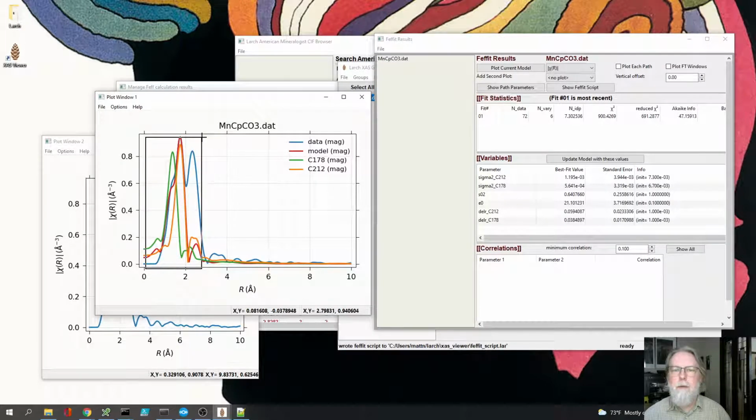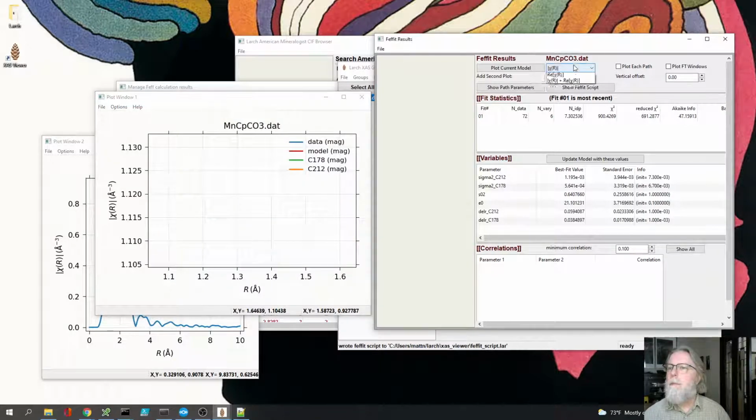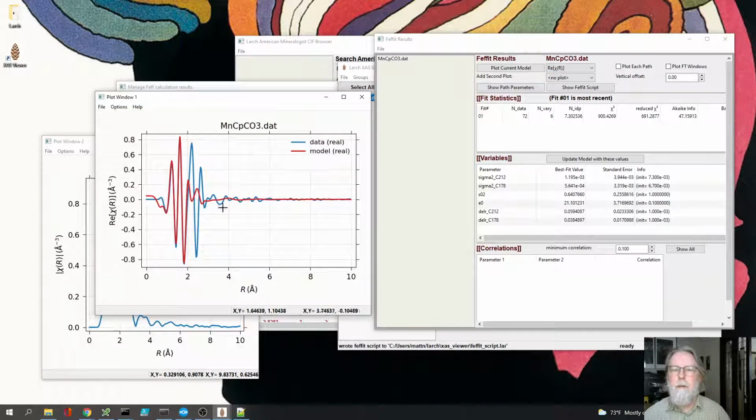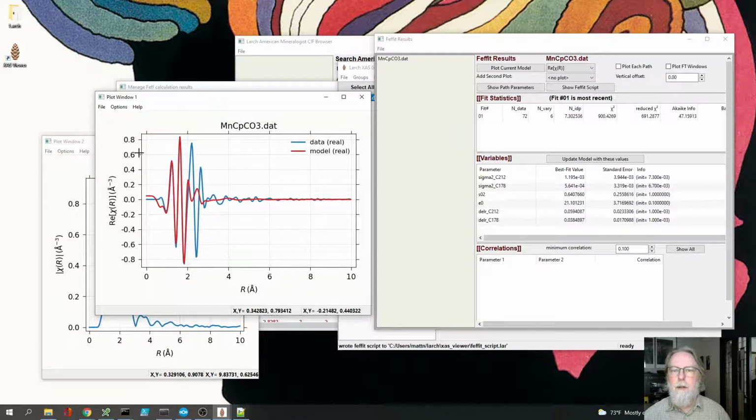There's quite a bit of extra junk down at the bottom here. And if we plot that as the real part of chi of k, the fit actually looks pretty reasonable, out to 2 and starting at about 0.9. That looks pretty reasonable. We got a decent fit, didn't we?